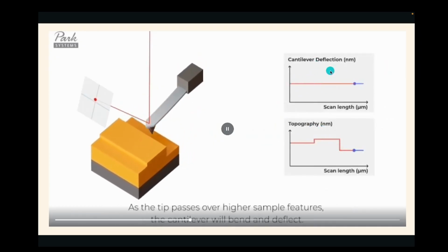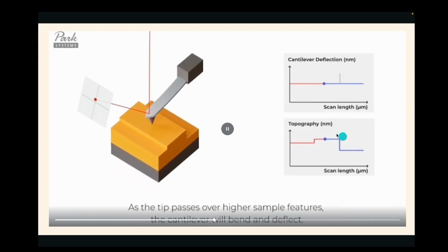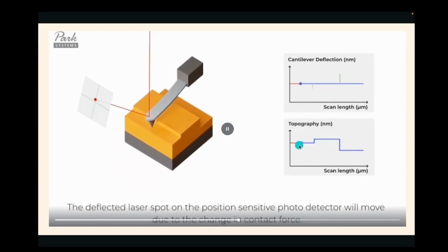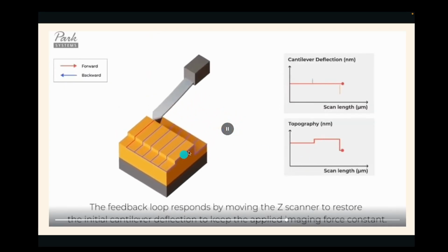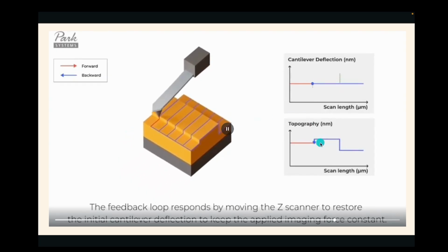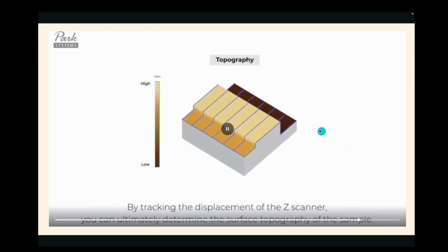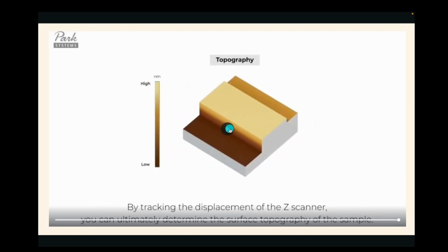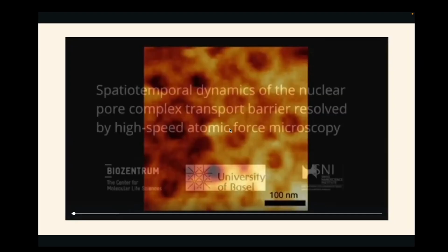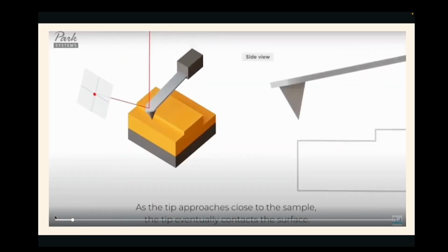This is the cantilever deflection, and this is the topography image which is coming up on the computer screen. One by one, it covers the whole area. So it shows how the topography gets generated, and this is the final topographical image we get on the computer display.